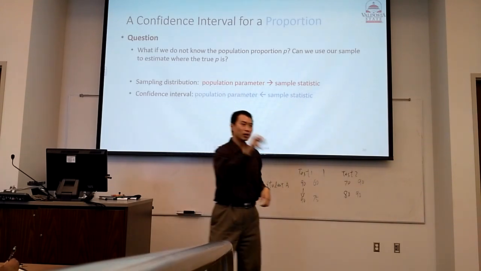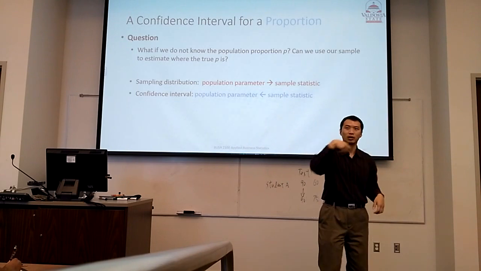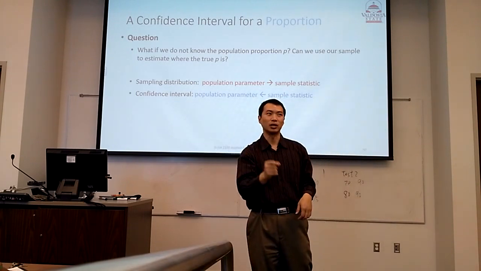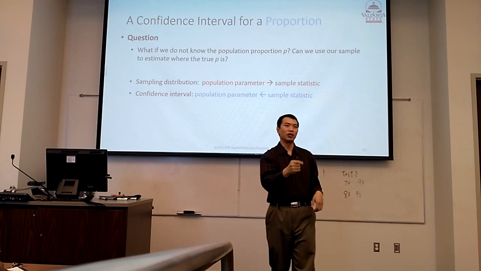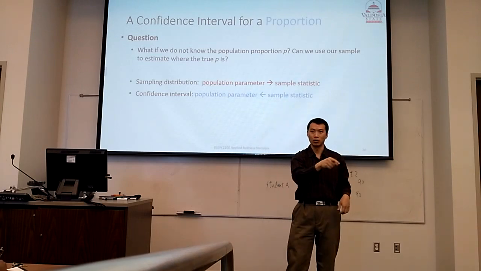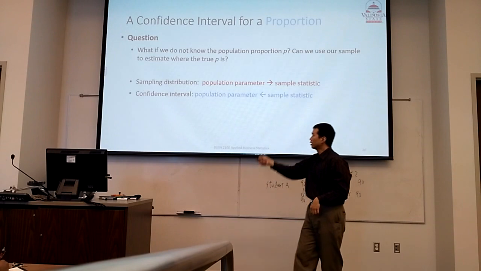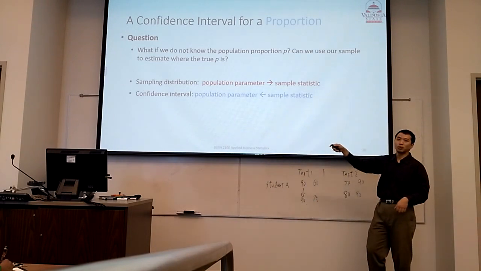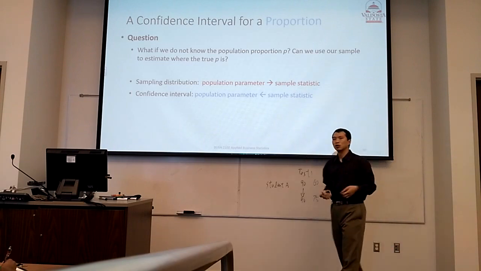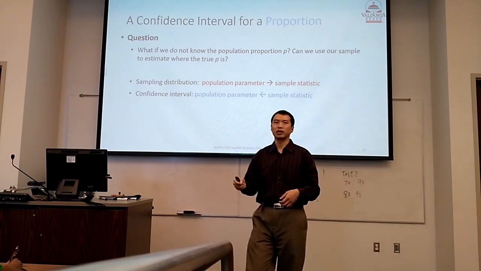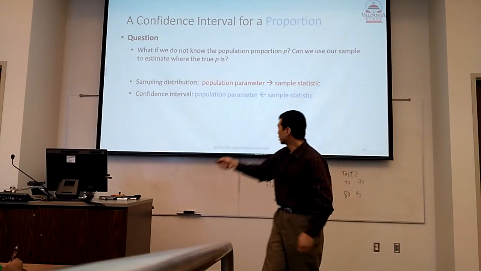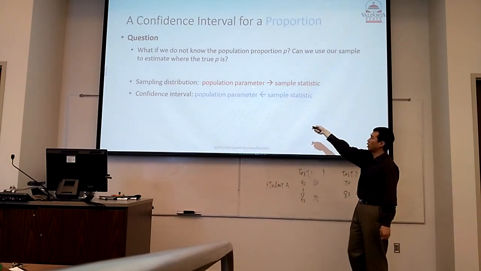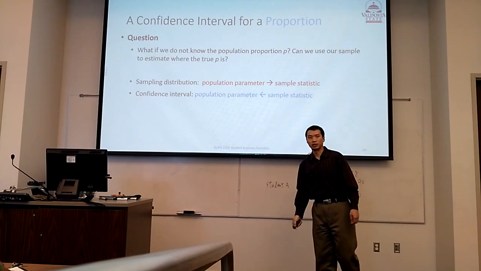When I draw a sample, I can use the population parameter to estimate the distribution of the sample proportion I will get. So the direction is from population parameter to sample statistic.